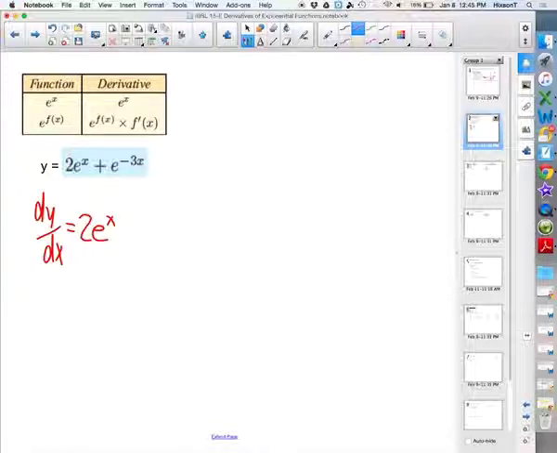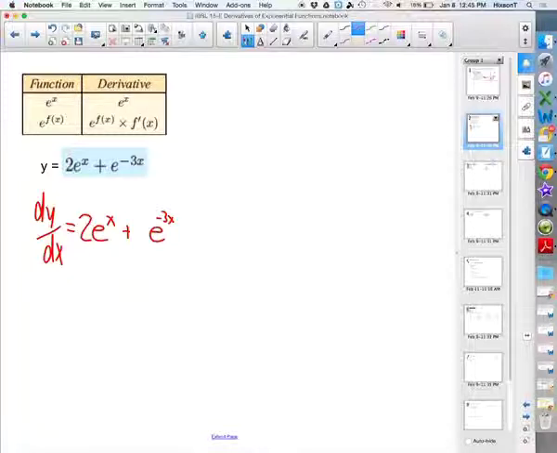Here, though, notice it's not just e to the x. It's e to a function of x. So we have e to the negative 3x. Notice, just like every other time we used our chain rule, when you take the derivative of the outer function, in this case e to a power, it's e to that same power.